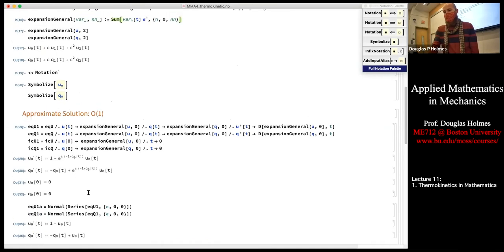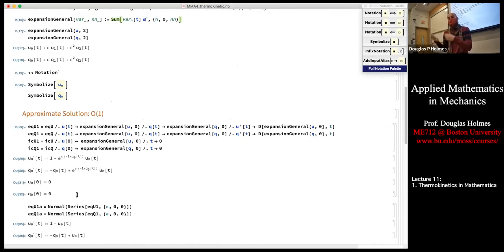Okay. Other questions? At this point, our procedure is the same and it's repetitive now. We substituted in our expansion, we truncated our series to the order that we're interested in. We always start with order 1, and then we move on to the next highest order in epsilon.